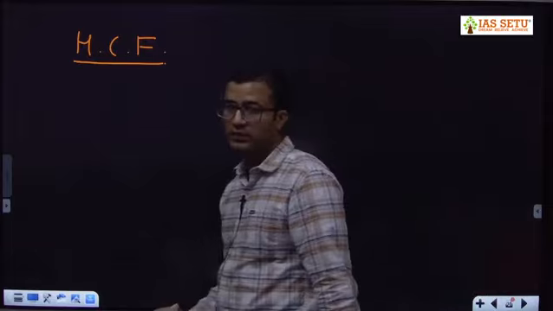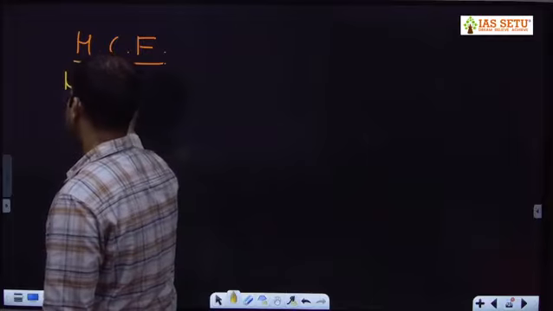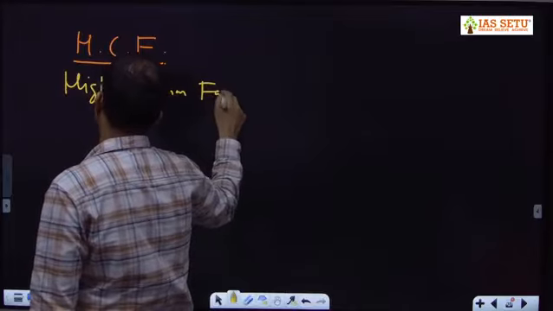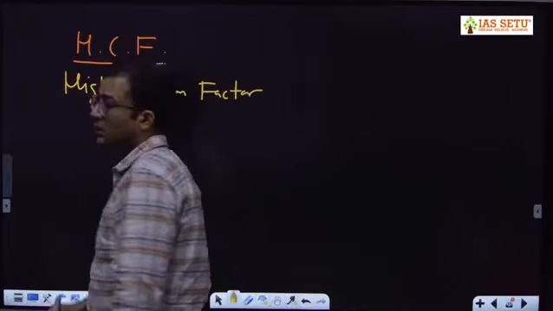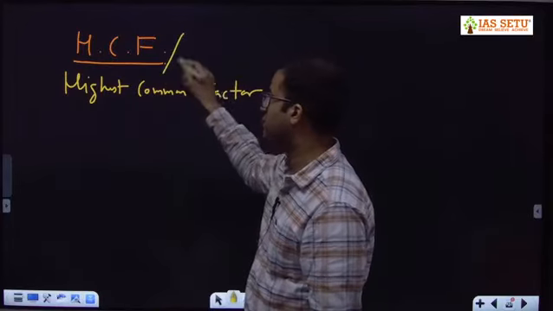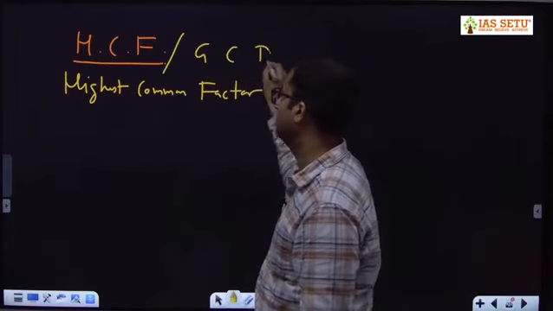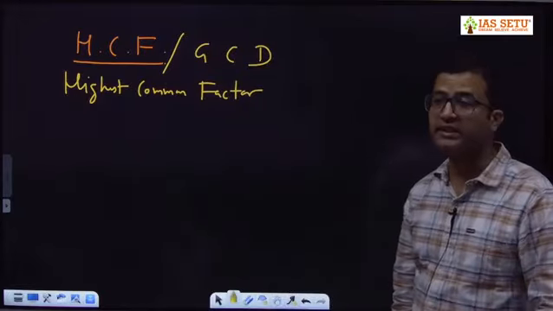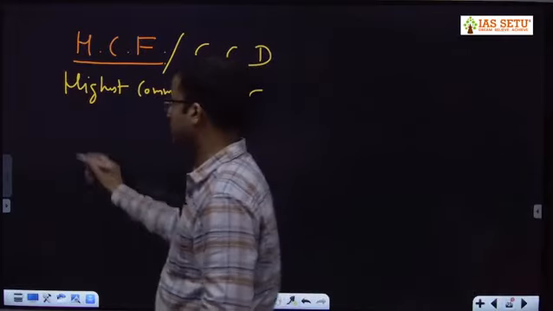HCF. What is the full form of HCF? Highest common factor. Maybe the examiner, just to confuse you, rather than using the word HCF, will use the word GCD. I tell you what is GCD. Greatest common divisor.